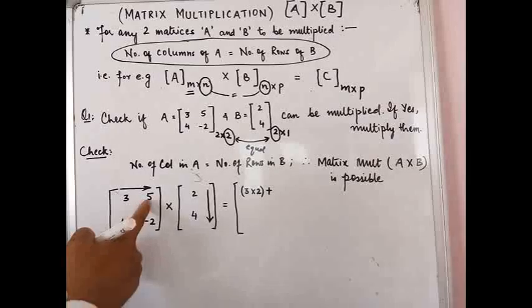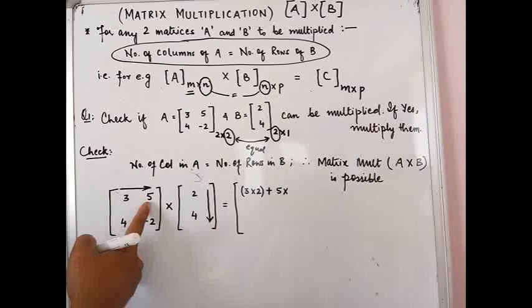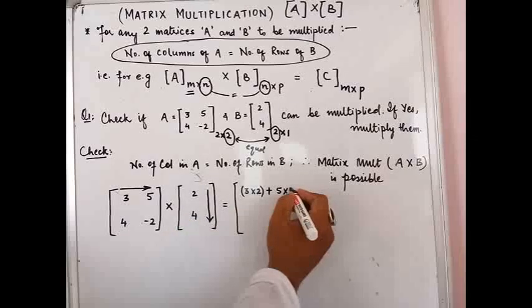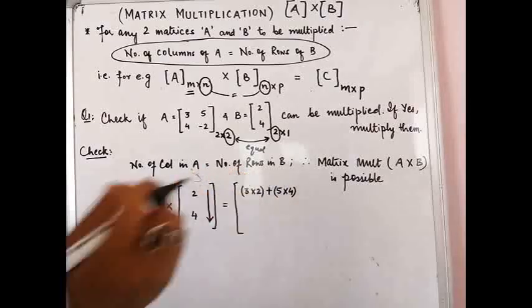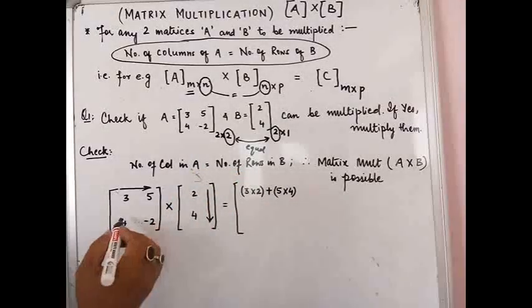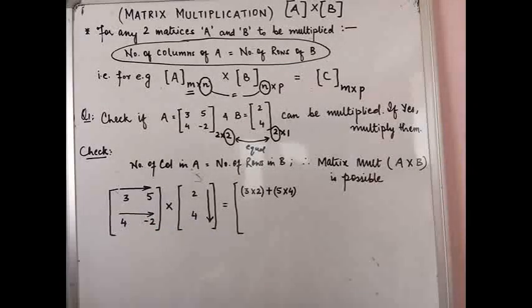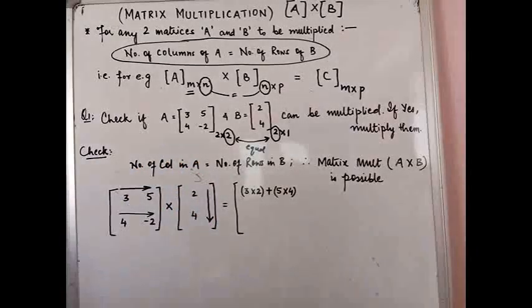What is the next entry in the first row? 5. What should this 5 be multiplied with? You are going down in the second matrix, so you have that number 4 over here. So that is the first entry that you have. Now coming down to the second entry, once again you will go row wise in the first matrix and you will come down column wise in the second matrix.